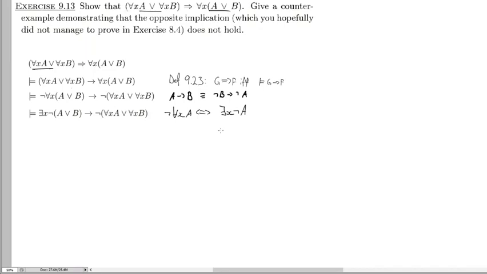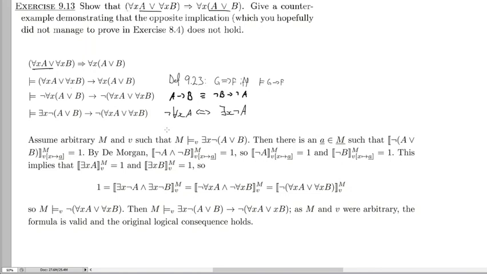So now we're going to go ahead like last time and try to show that this implication holds. So we assume some arbitrary structure M and assignment v such that this first part here is satisfied under this structure.